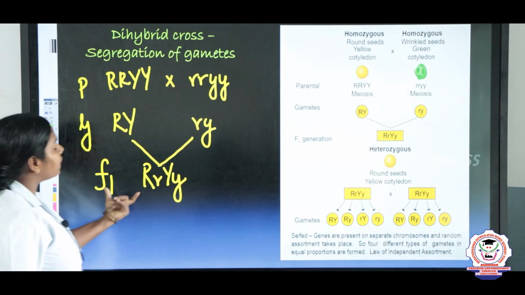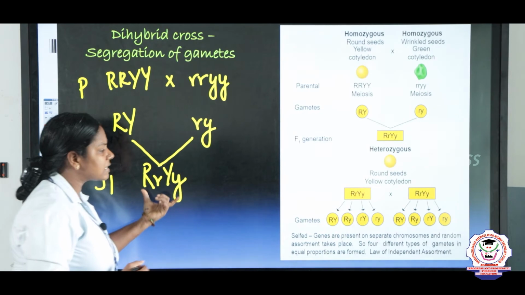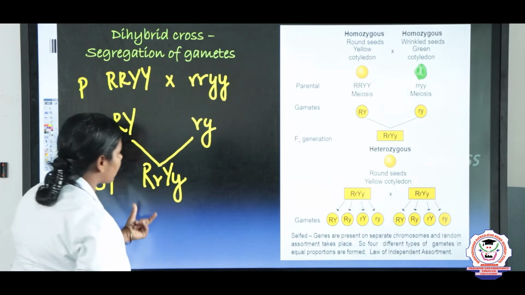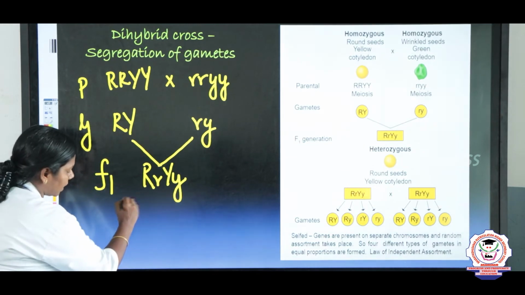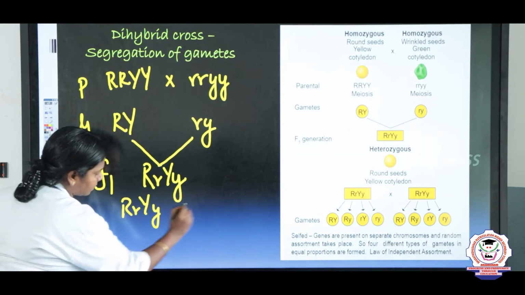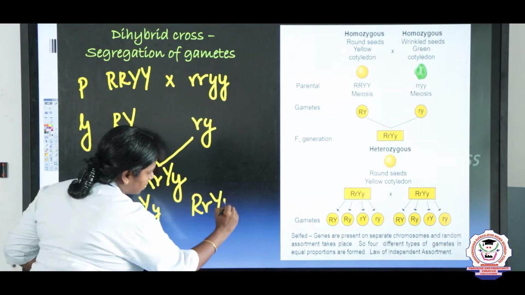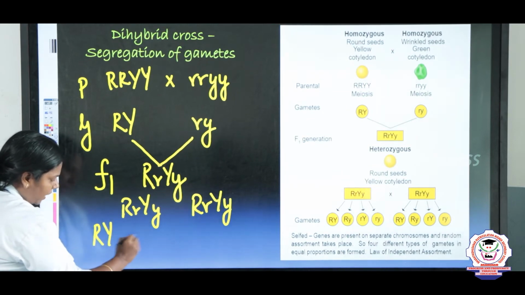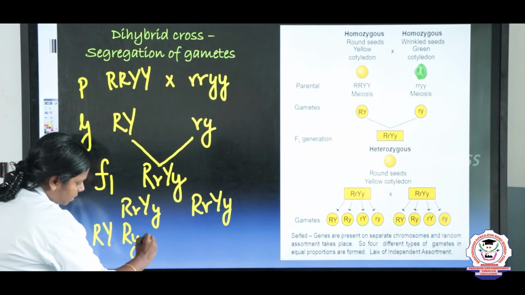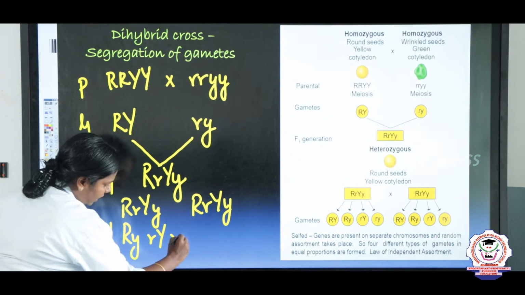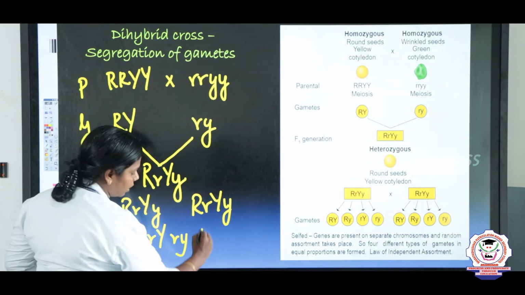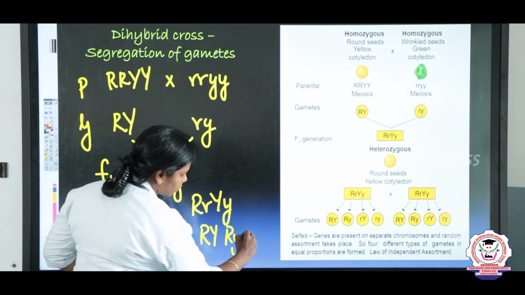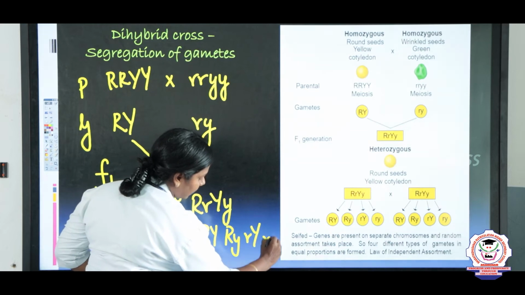And now, when we cross the F1 generation, what are the gametes we get? So, when we cross, what are the things we get, children? Capital R, capital Y, capital R, small y, small r, capital Y and small r, small y.